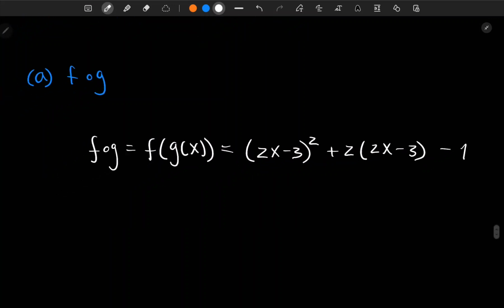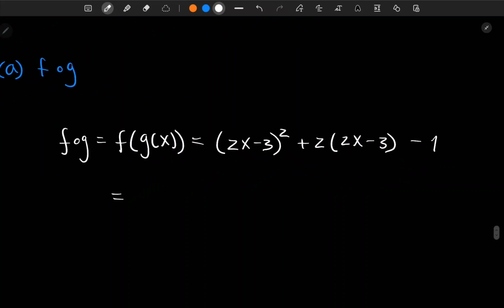minus 1. Then, expanding this out, this becomes 4x squared minus 12x plus 9. So that's the first term here, plus 4x minus 6 minus 1.